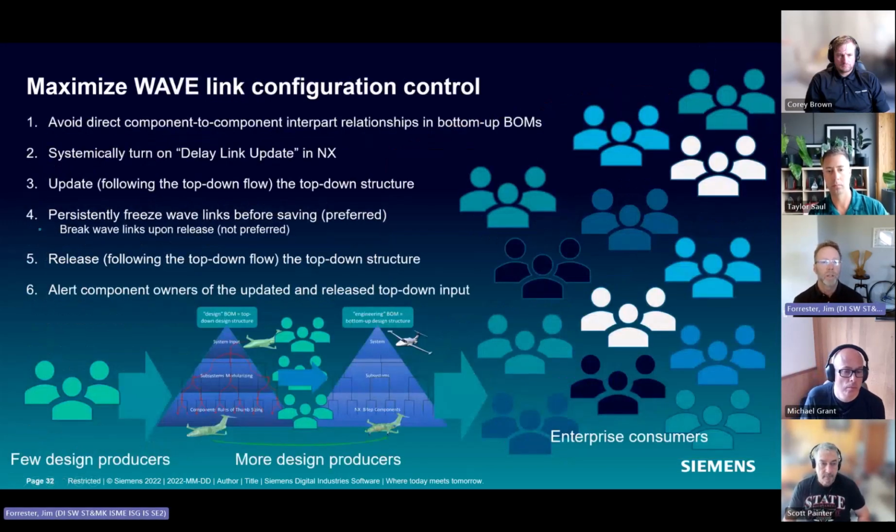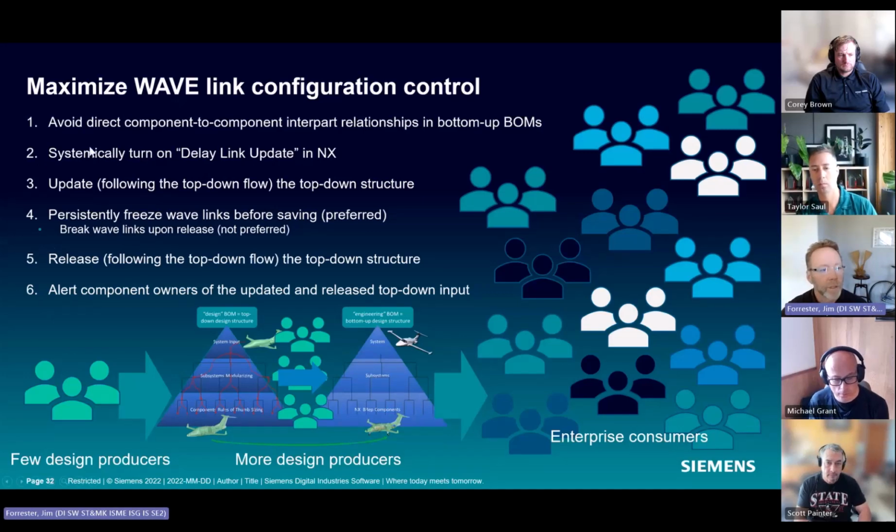Maximize wavelength configuration control. Again, you want to avoid unintended wavelengths. You want rapid wavelengths. You want structured wavelengths. You want them released. Avoid direct component to component interpart relationships in BOMs. That's key. Systemically turn on delayed link update.